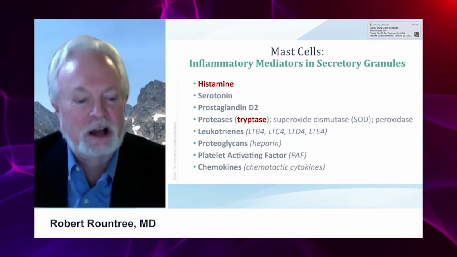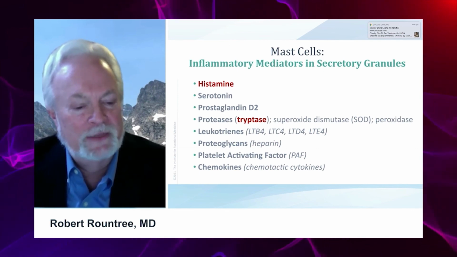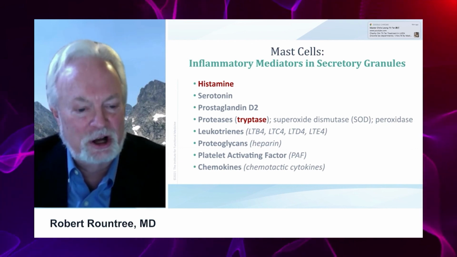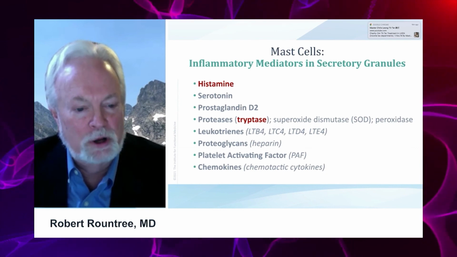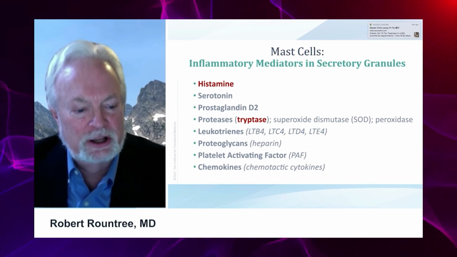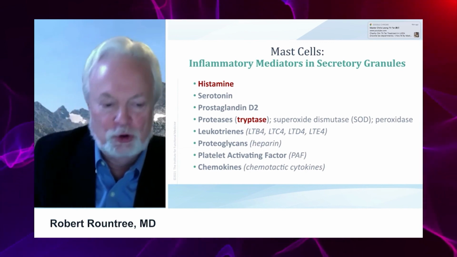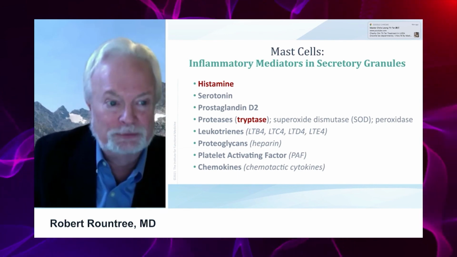So there are really a lot of different chemicals there, and they're mostly vasoactive. As you can imagine, they're causing vasodilation. They're one of the major players involved in what we recognize as the acute inflammatory process, the rubor, dolor, tumor, and calor.